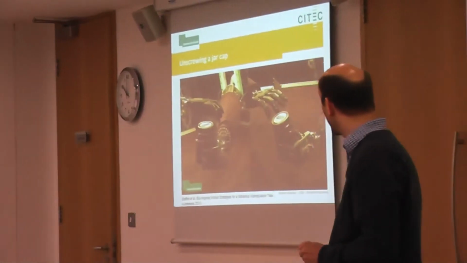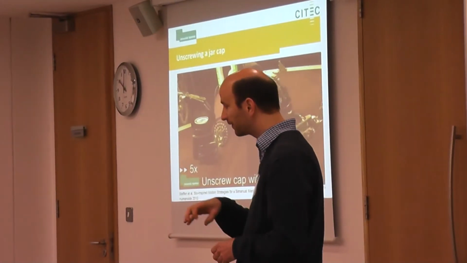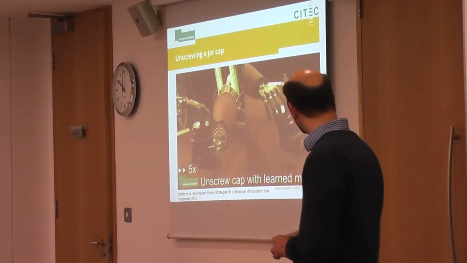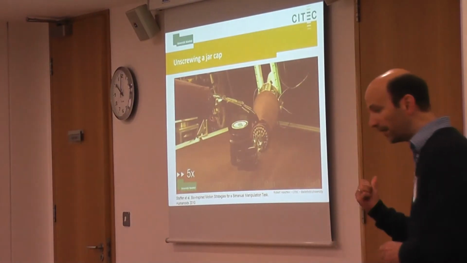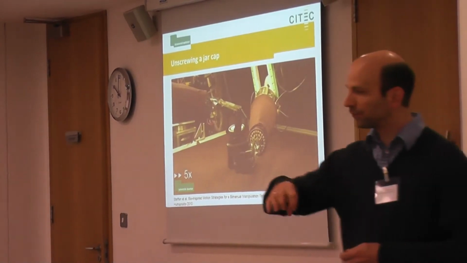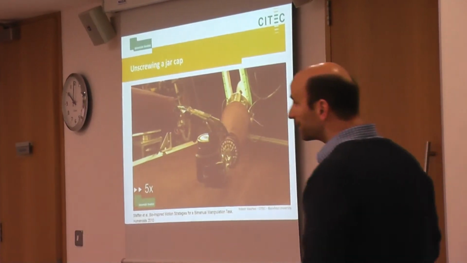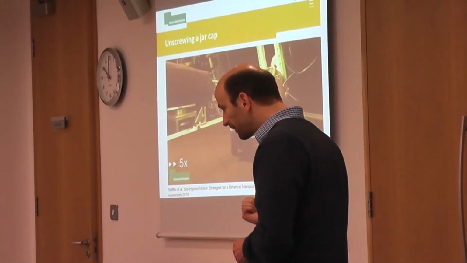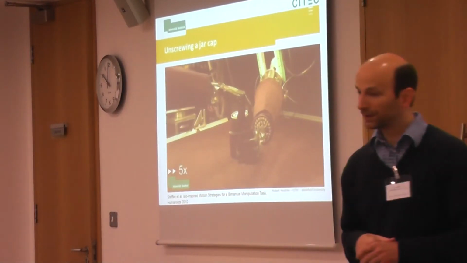We can also apply that approach for more complex manipulation motions, presented several years ago at Humanoids, where we trained a neural network to mimic human screwing motions, which were then simply applied in a feed-forward fashion to this robot.